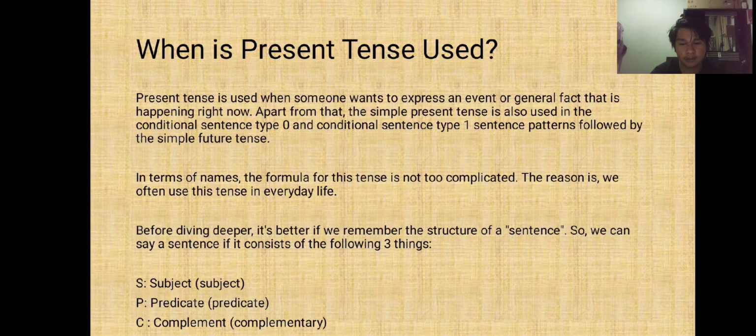Before diving deeper, it's better if we remember the structure of a sentence. We can say it is a sentence if it consists of the following three things. Number one, subject, predicate, and complement.